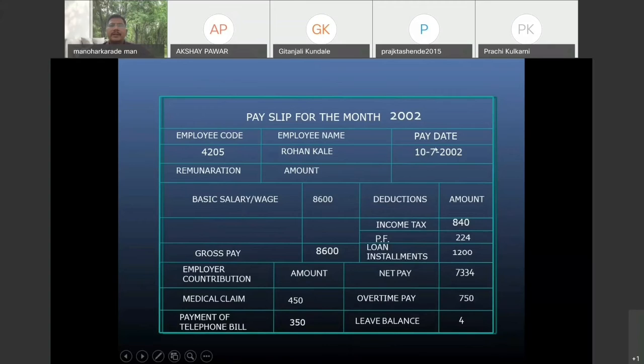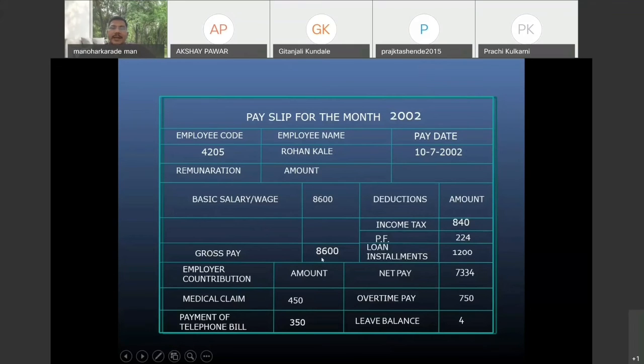Payment date is 10/7/2002. The basic salary is 8,600. Deduction amount due to income tax 840, and provident fund 224. Loan installments 1200. That person has taken some loan amount, so the installments paid are 1200.